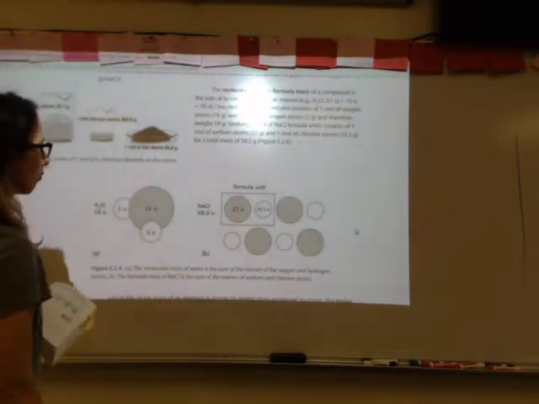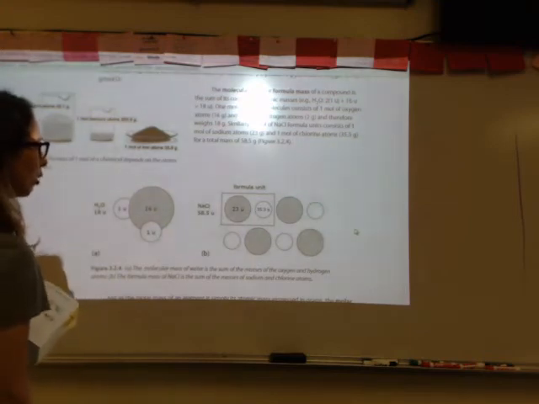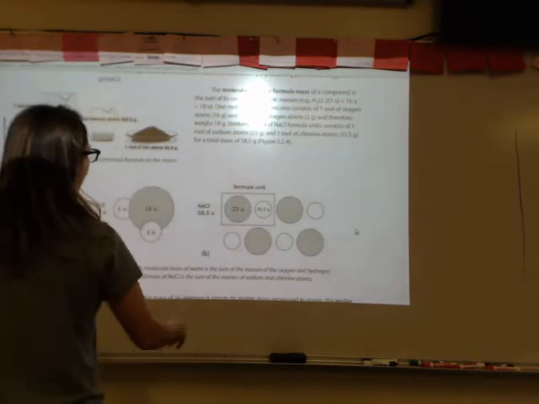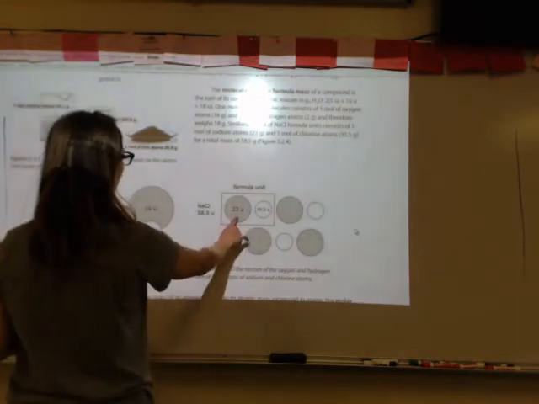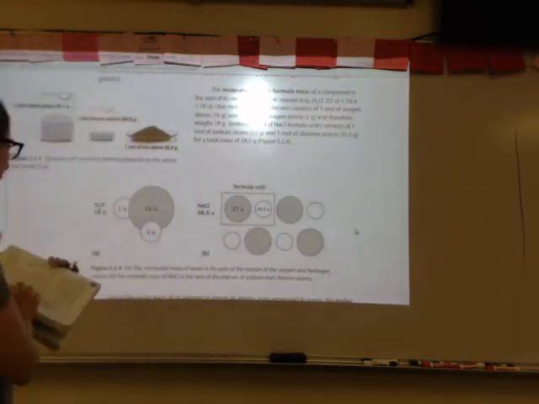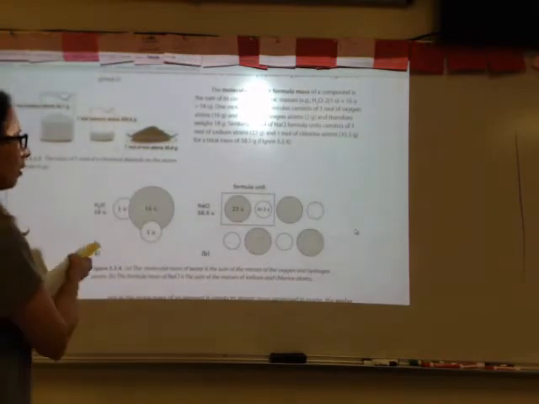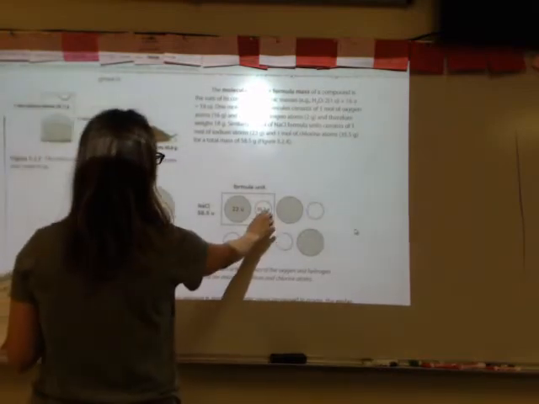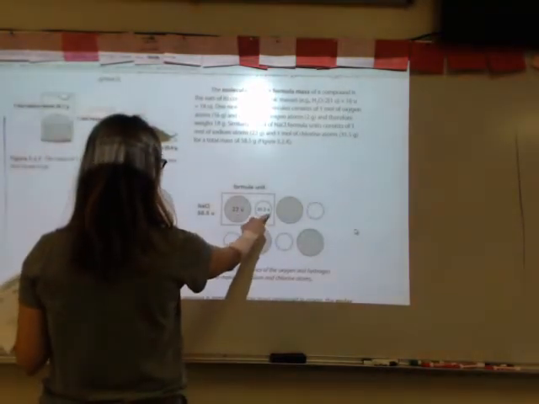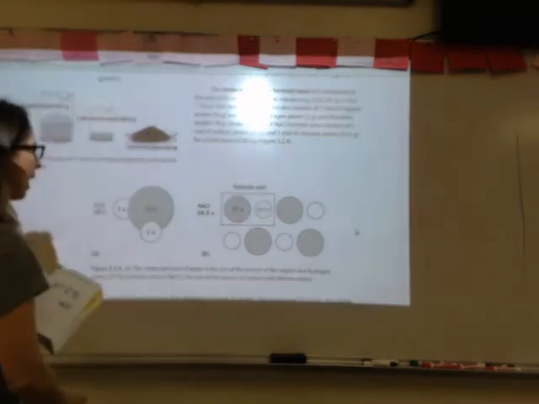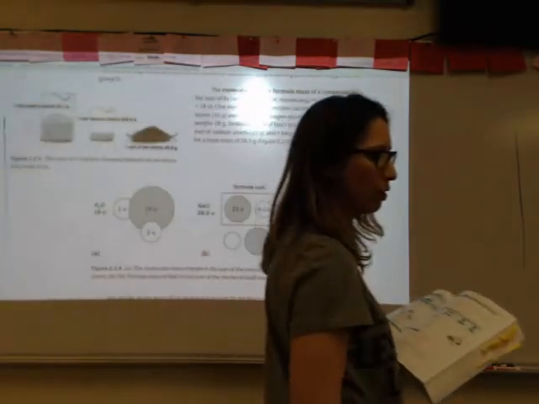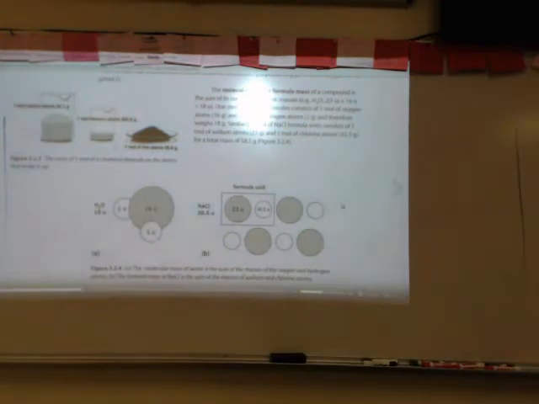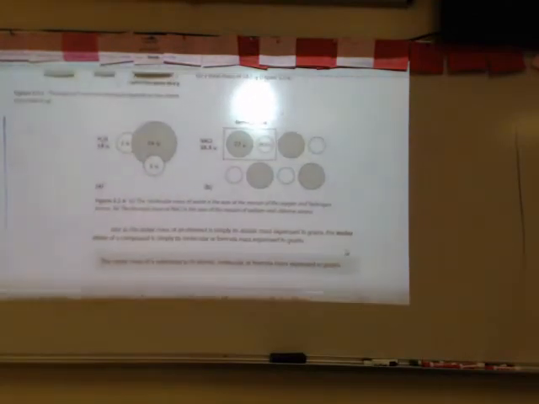I have a mole of sodium ions and a mole of chloride ions. The total mass is going to be 22.99 on the back of your book for sodium, 35.45 for your chlorine. I add them together. I'm going to get a mass of around 58.5 for a mole of sodium chloride.